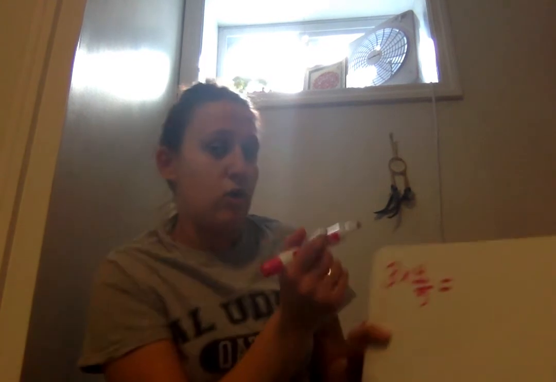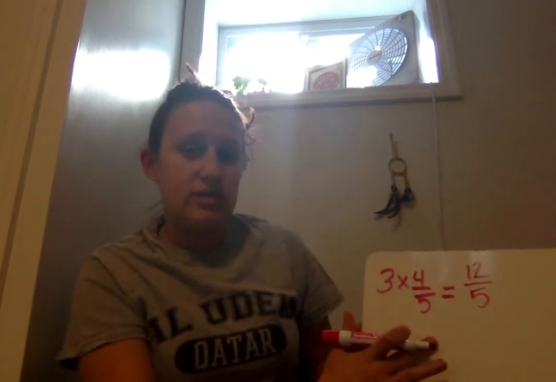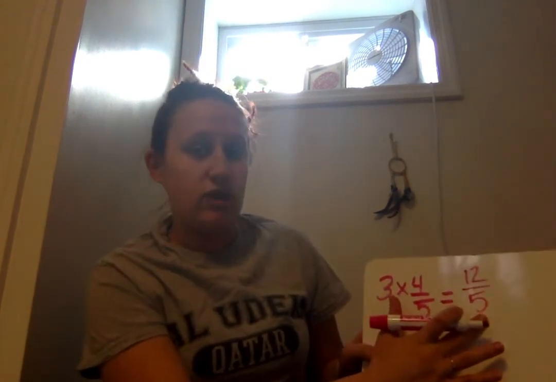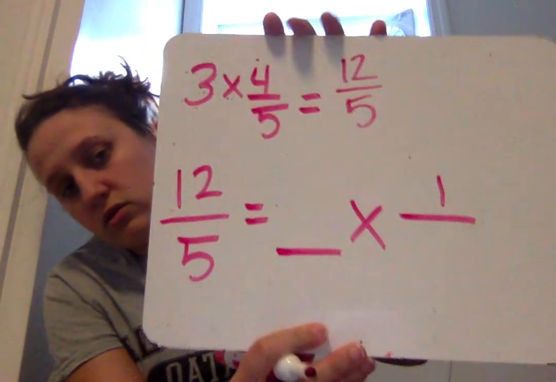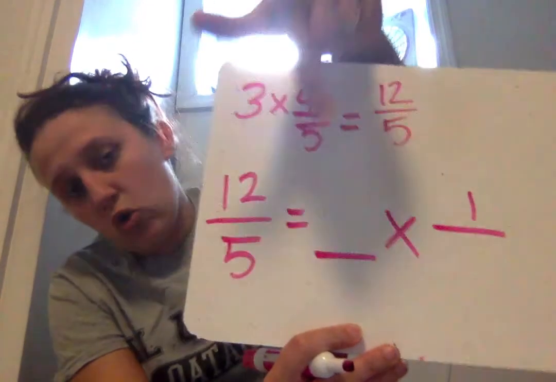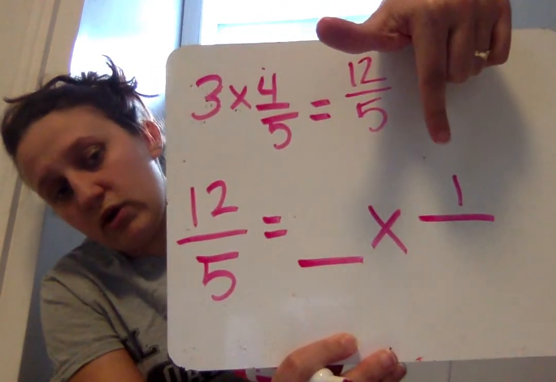First we multiply. We always multiply 3 times 4 to make 12 and put the 5 on the bottom as usual because the 5 always stays the same. So we get 12 over 5. Now, what times what equals 12 over 5? 12 over 5 equals some whole number times 1 over something.